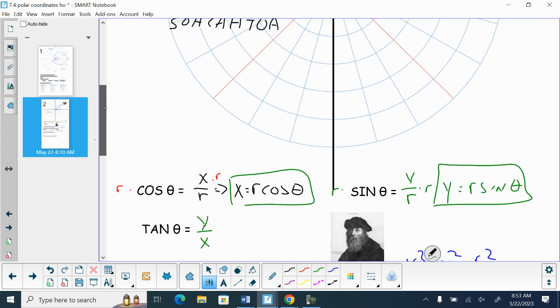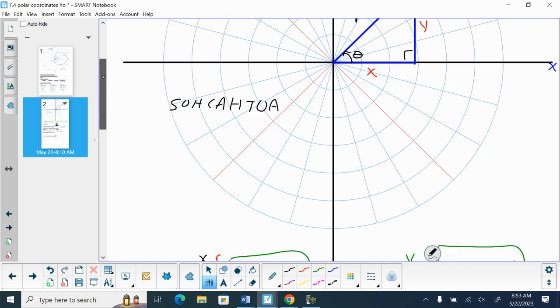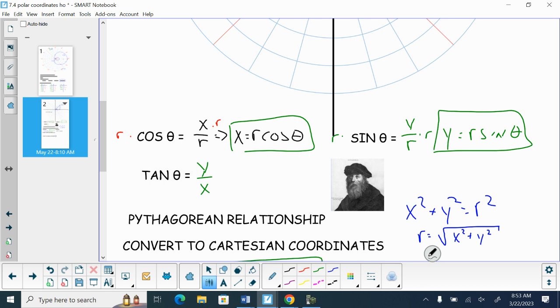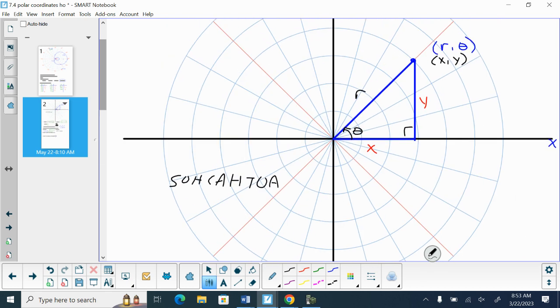Now, what I suggest you do, I don't sit here and memorize these things. I think it's a little bit easier, I always refer back to this triangle. From this triangle, hopefully I can say the sine of theta is equal to y over r, cosine of theta is equal to x over r, x squared plus y squared equals r squared, tangent of theta is equal to y over x.